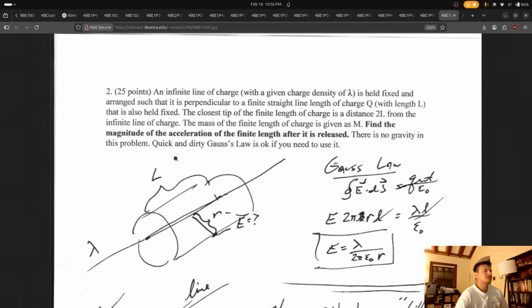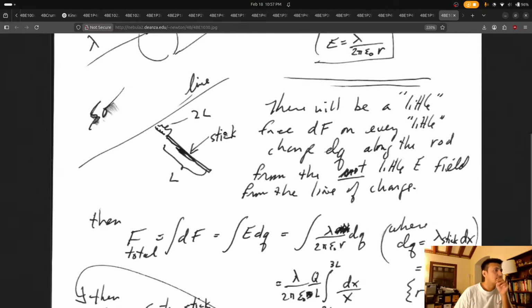The finite line is also fixed. The closest tip of the finite length of charge is distance 2l from the infinite line of charge. The mass of the finite length of charge is given as m. Find the magnitude of the acceleration of the finite length after it is released. There's no need, quick and dirty Gauss's law. Oh, here we go.